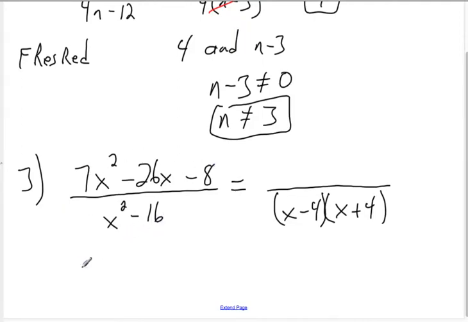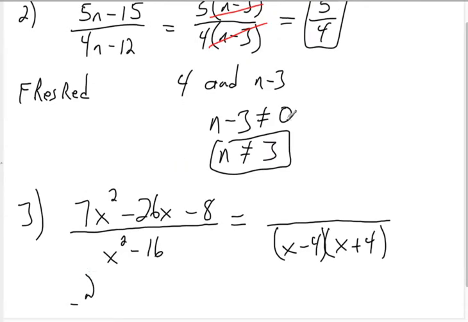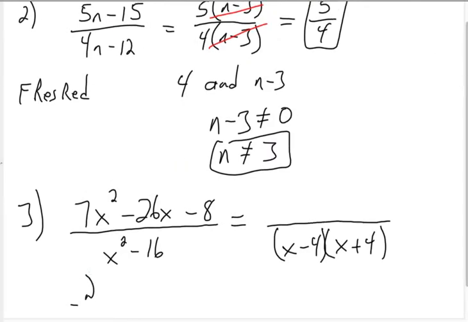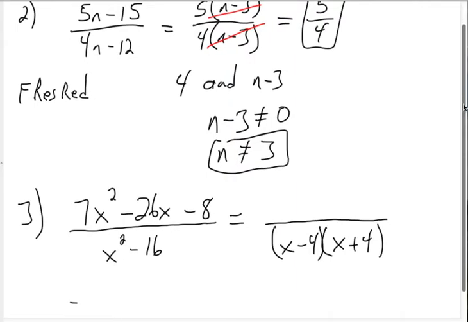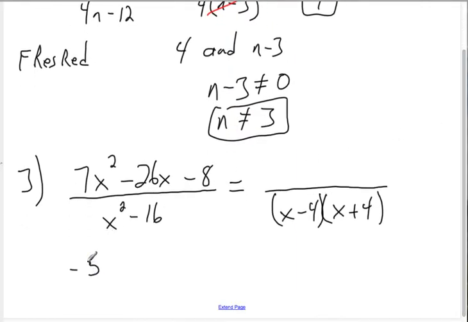We need factors of AC, so that's negative, oops, whoa, that went crazy. Let's try that again. So we need factors of negative 56 that add up to negative 26. And so, I don't know, if one of those factors happens to be 4, then it will be 4 and 14.